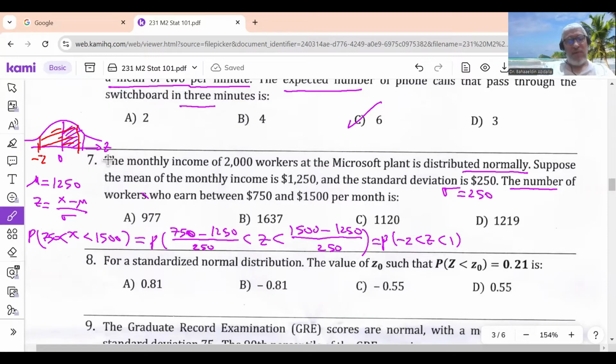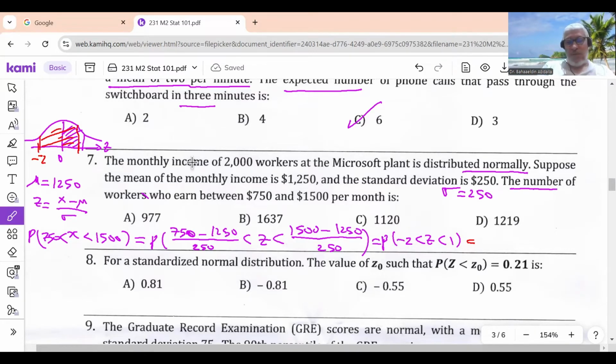So how can I find it using the table? It is probability of 1 plus probability of -2.